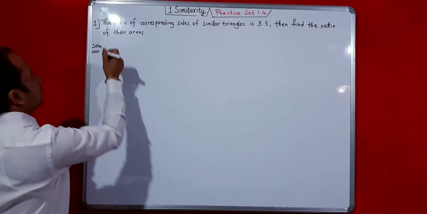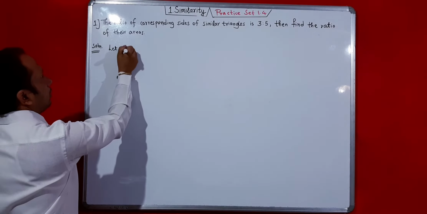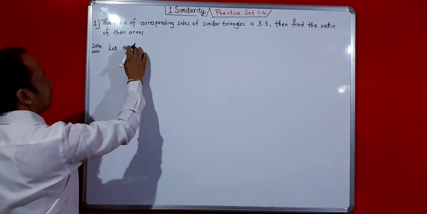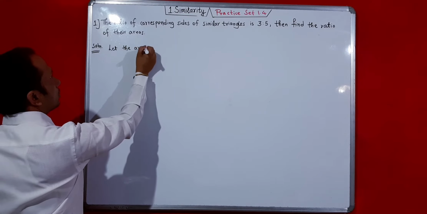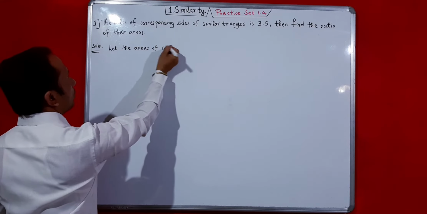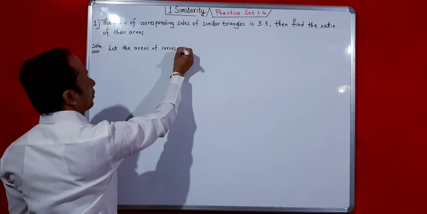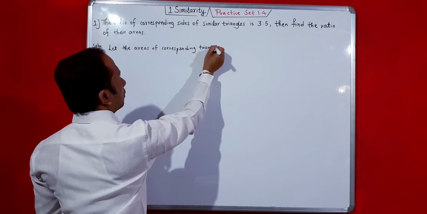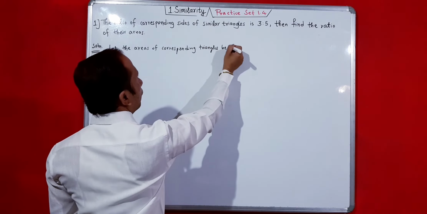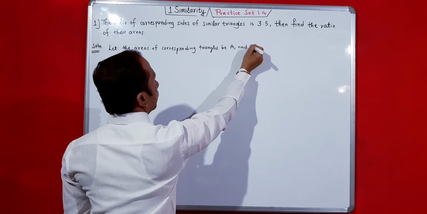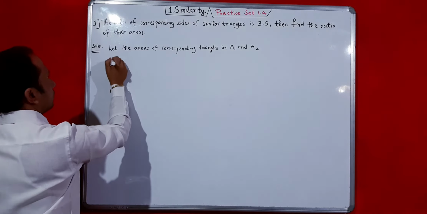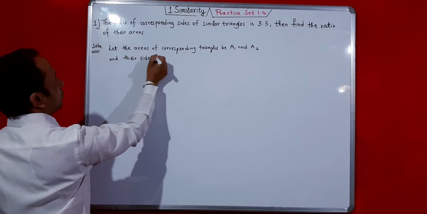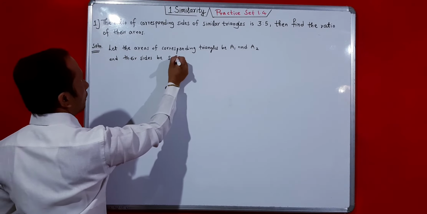So we will consider, let the areas of the corresponding triangles be A1 and A2, and their sides be S1 and S2.